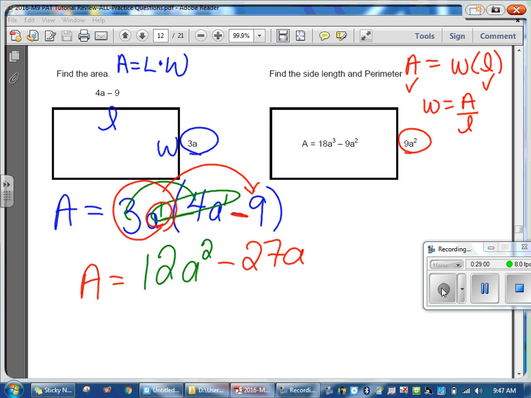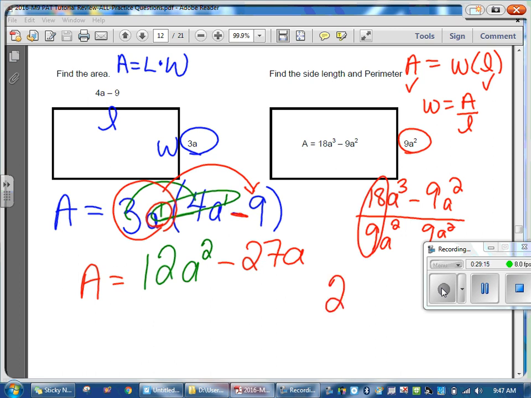So when I do that, I'm going to divide my 18 divided by 9 is a 2. I'm going to subtract my exponents because the a's are identical, and I'm going to have a1. Now I've got a negative dividing by a positive. It's going to give me a negative 1. And what do you notice? Your a's will cancel. You have no a's left. So your final answer will be this.